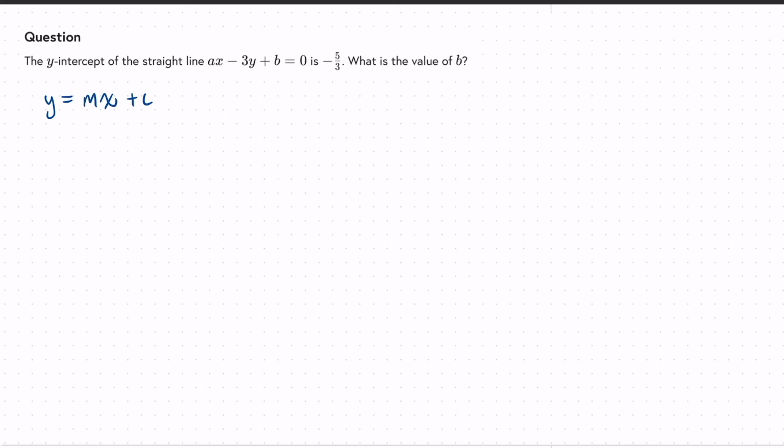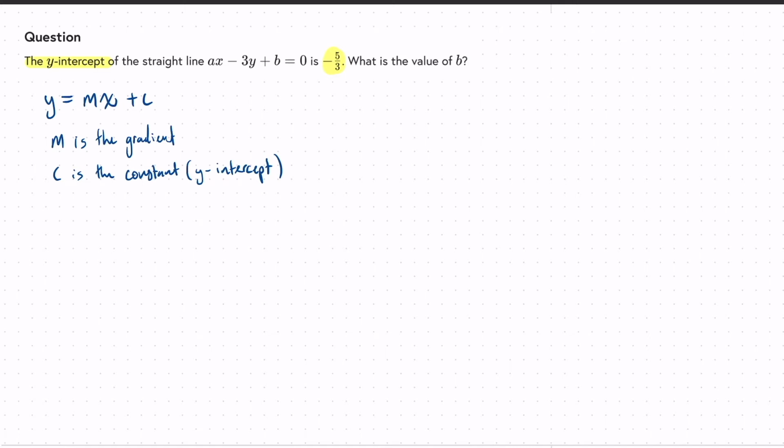Now m here is the gradient, so this tells us what the slope of the line is. c is the constant, but more importantly, it's the y-intercept. So why is this helpful? Well, this is telling me right here the y-intercept is minus 5/3.